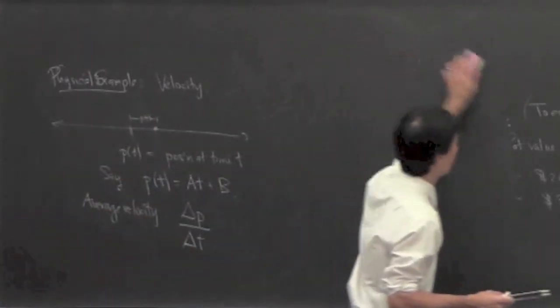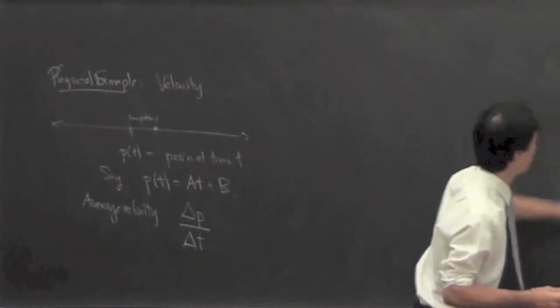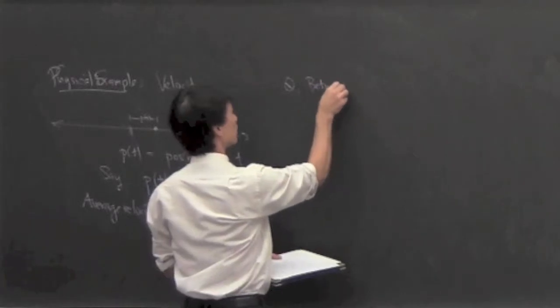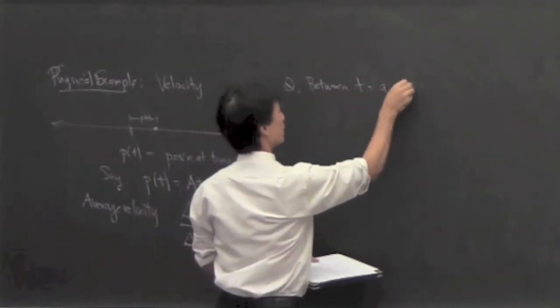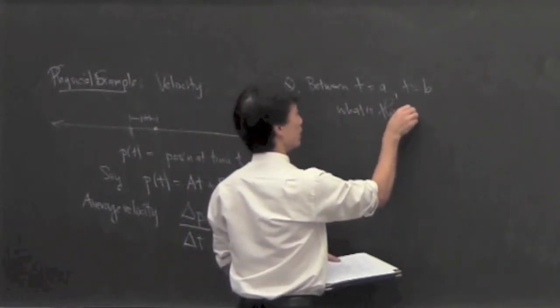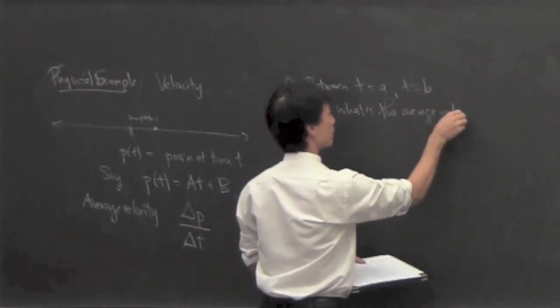So here's the question: between time A and time B, what's the average velocity?